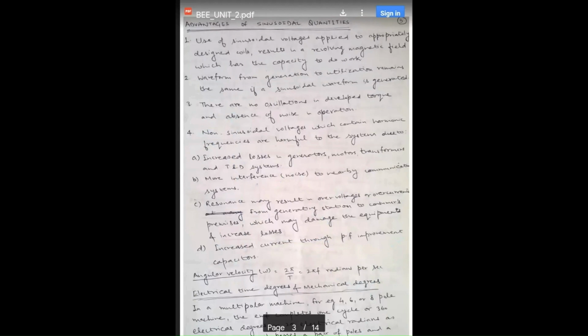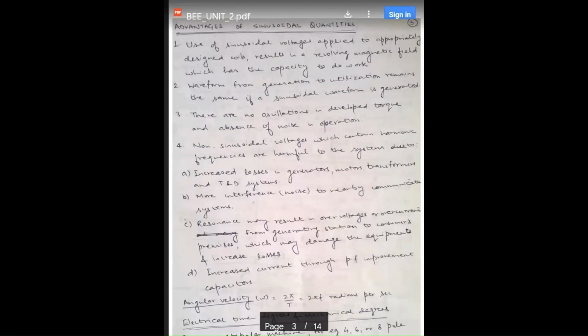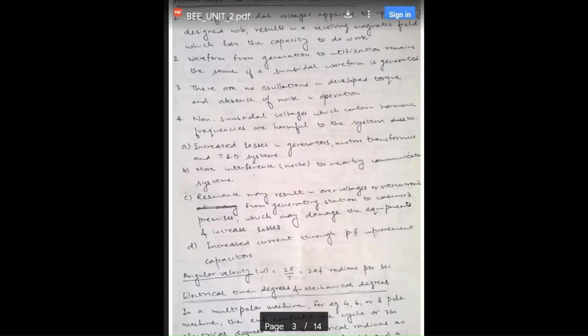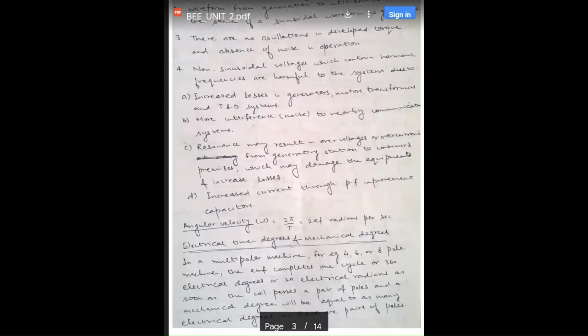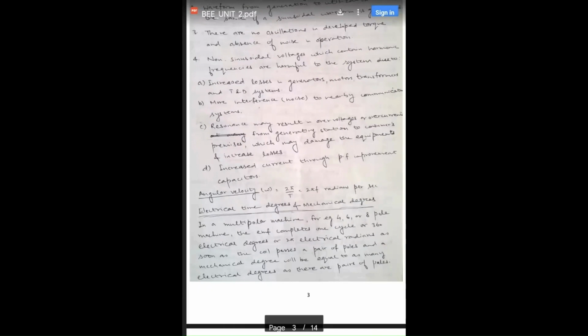And the third point is that there are no oscillations in developed torque and an absence of noise in operation. Again, this is a bit controversial because, as I have just mentioned, there may be oscillations and there may be noise as well, depending upon the rating of the load.